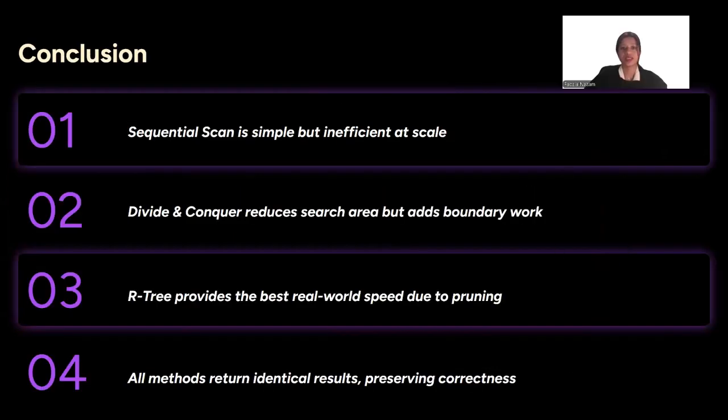Now, to conclude, I would say sequential scan is definitely simple, but can be inefficient because it only works well with large data sets. Then we have divide and conquer, where it does a lot of extra work by dividing the line.